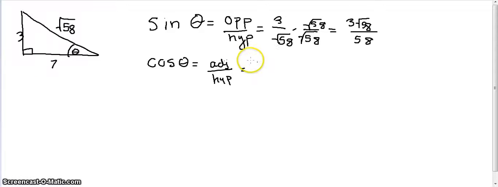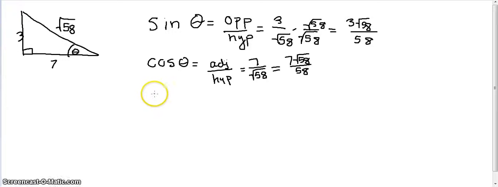So we're going to have 7 over the square root of 58. Once again, this is not rationalized, so I'm going to rationalize the denominator by multiplying the top and the bottom by the square root of 58. And when I do that, it ends up being 7 times the square root of 58 over 58. So that's our cosine.